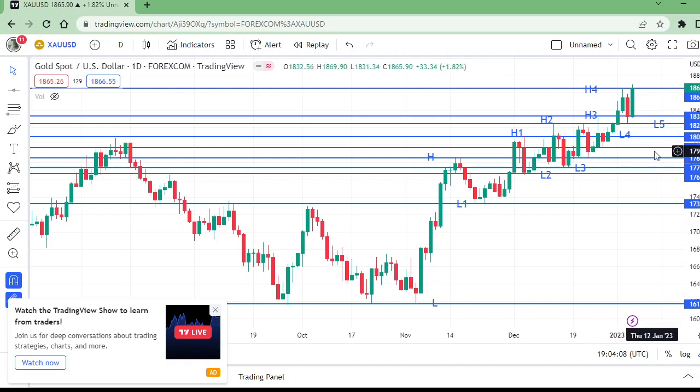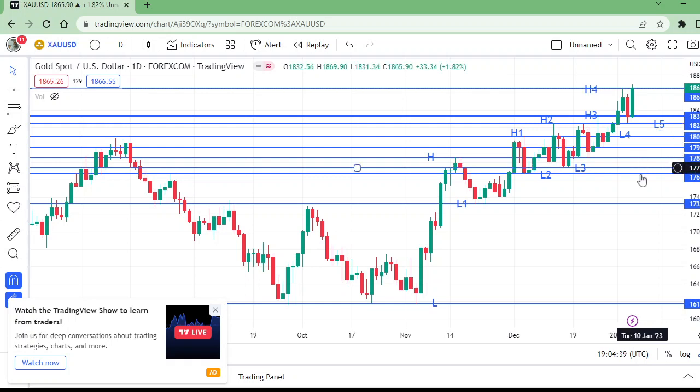From 1797 it went up for H4, that is 1865, a huge jump from 1797 to H4 1865, and from 1865 it came down to 1824. This is L5.